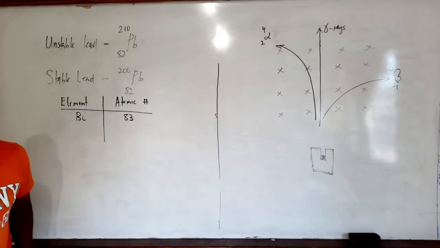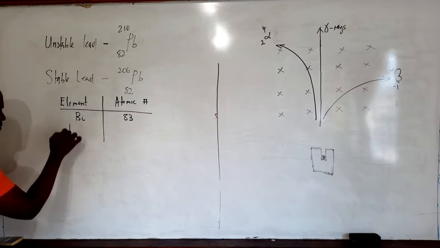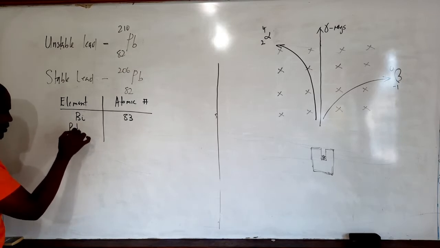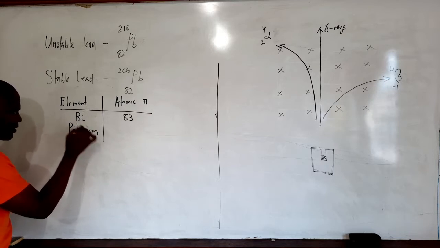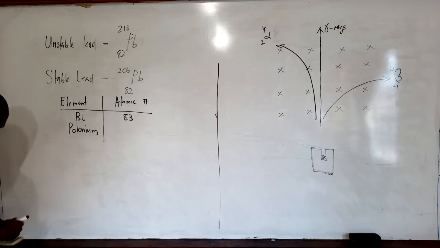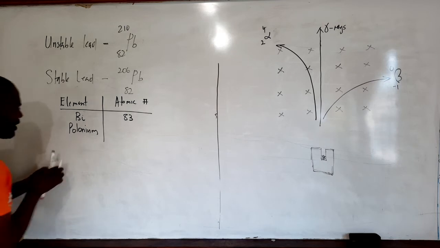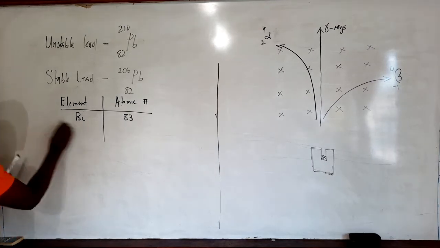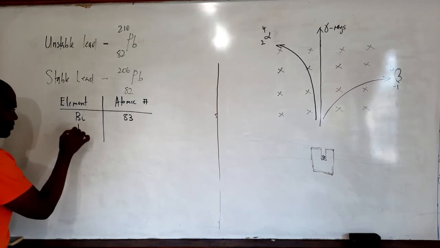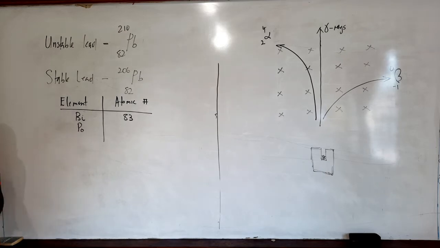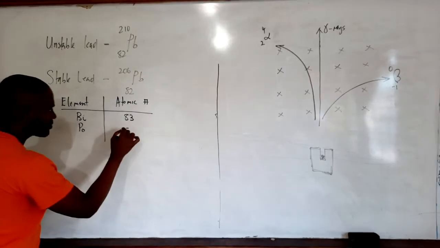And we have, what's that? Polonium. Two L's or 1 L in polonium. Anyways, I'll spell it with 1 for now. So we have polonium, Po, and the atomic number is 84.